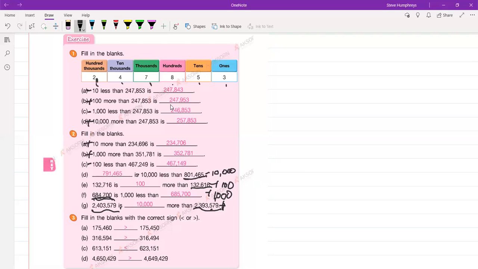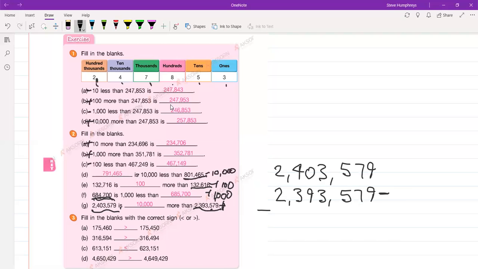You could do it this way: 2,403,579 minus 2,393,579. You could do it that way, and that would get you the answer for the missing number.